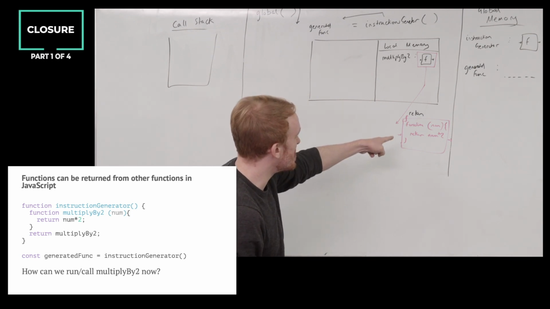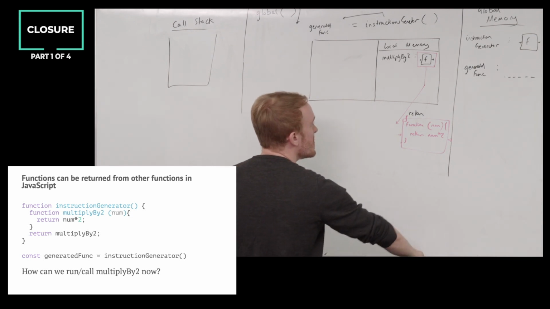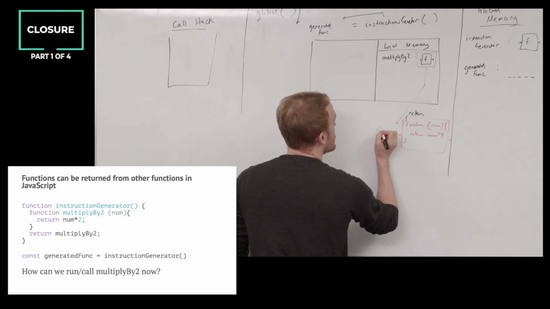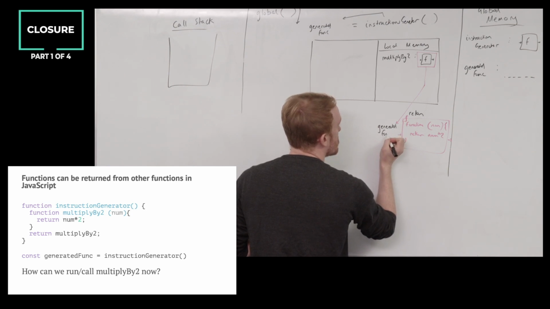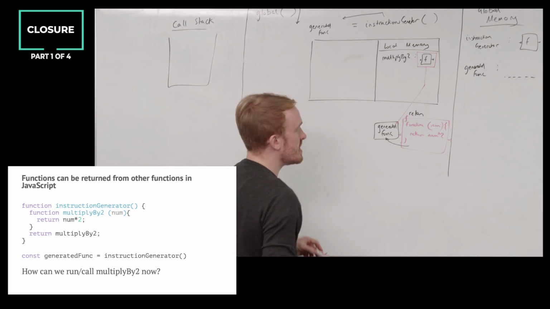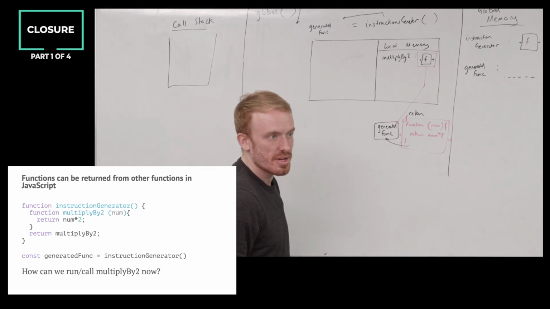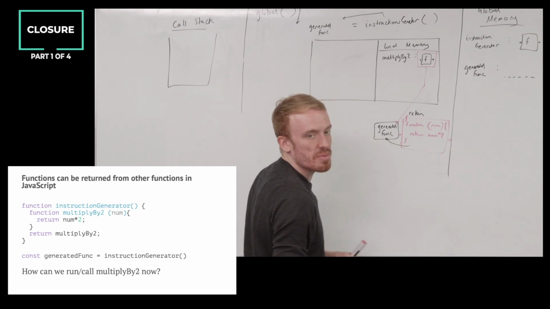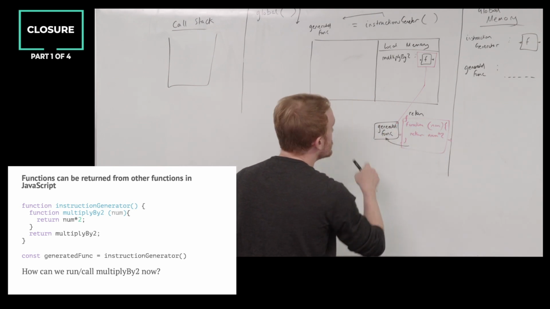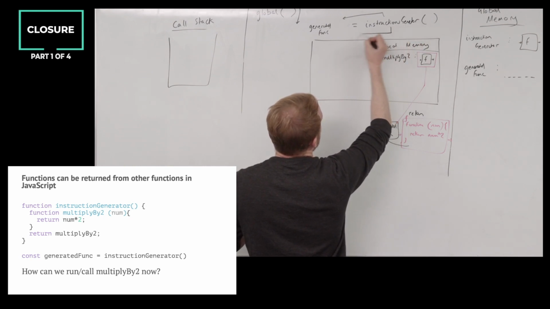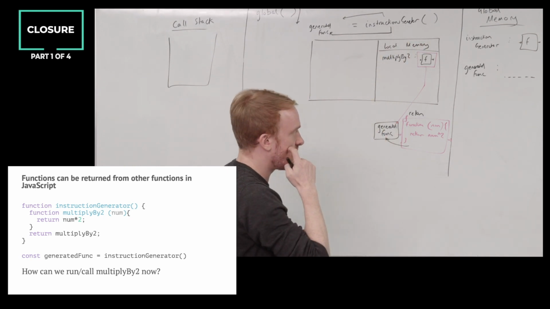This whole function definition is all getting returned out into what global variable? generatedFunc. A placeholder that happens to be a variable, but it's where this function is now stored. The functionality formerly known as multiplyBy2, we grabbed it all and it's now stored as the output of instructionGenerator, in generatedFunc.